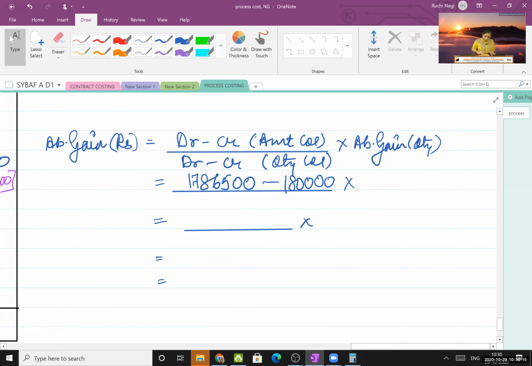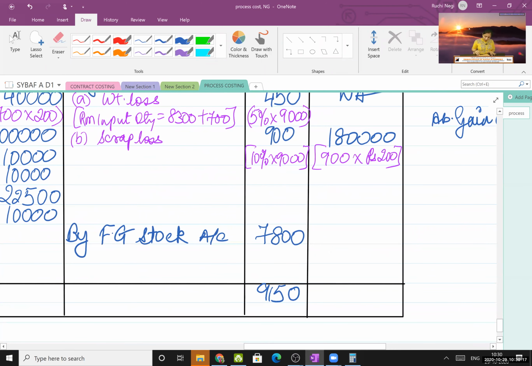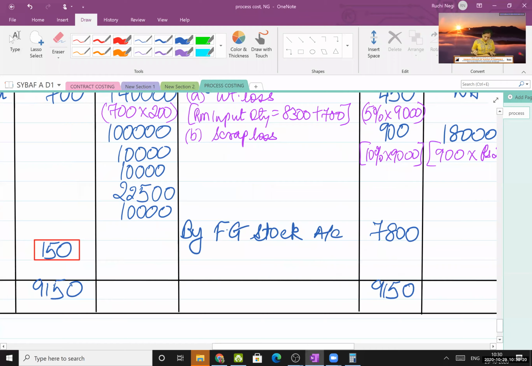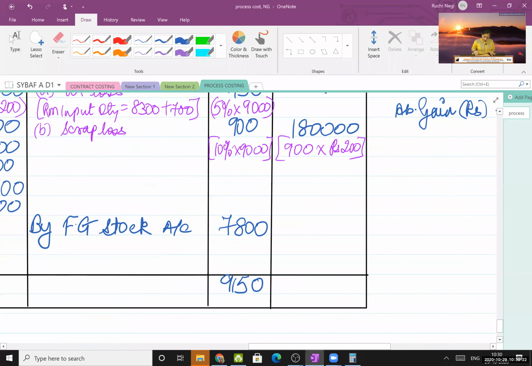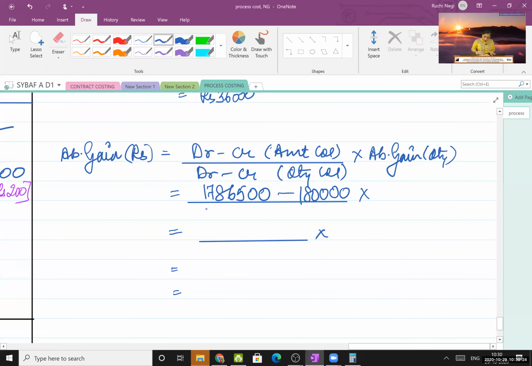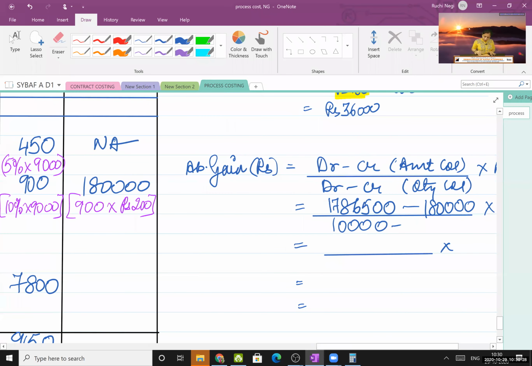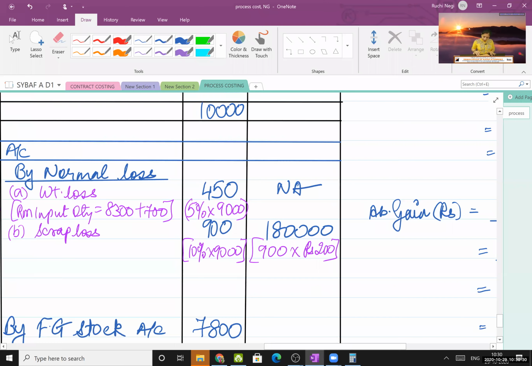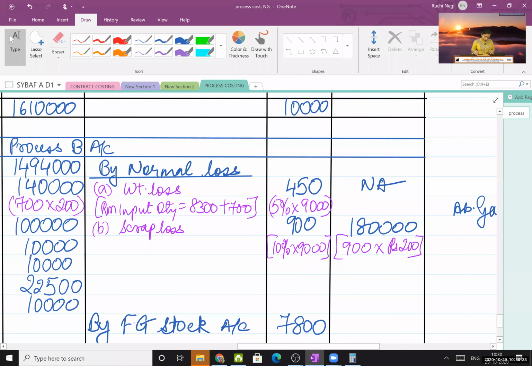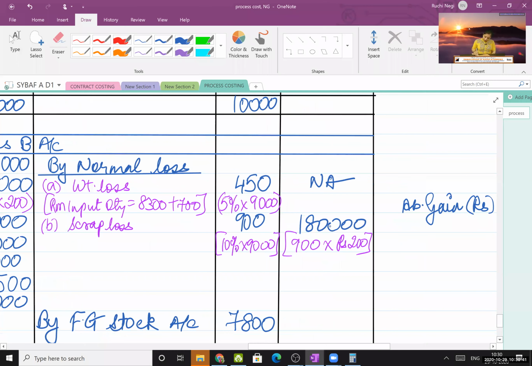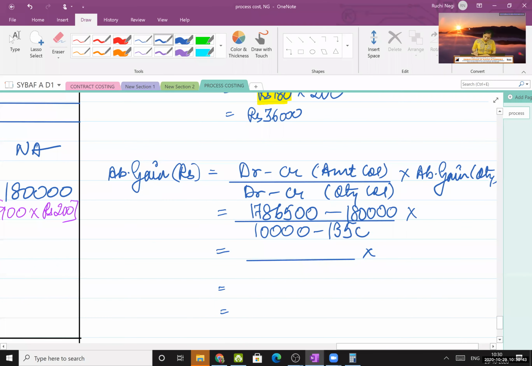Okay, debit side is 9. It's 10,000 minus 15 minus कितना होगा scrap ना 450 and 900 is how much 1350 debit side 1350 into 150.